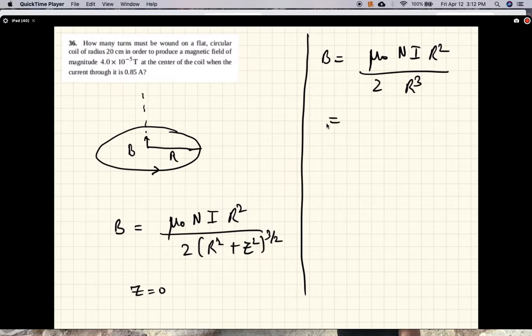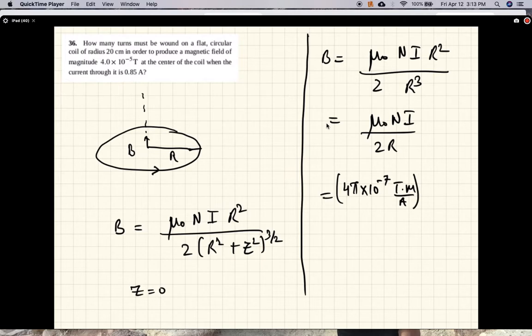Okay, and so it's mu naught N I over 2r. Now we can put all the values in. Mu naught is 4 pi times 10 to the minus 7 Tesla meter per amp.